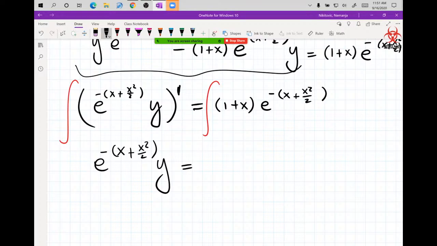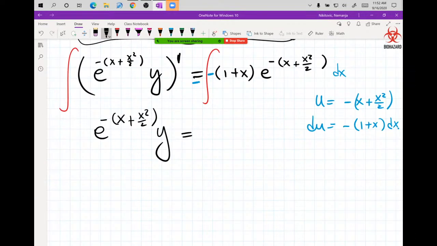and I use the u sub, right? Should be a dx there, right? So we use u equals negative x plus x squared over 2, which would, in a du, give me negative 1 plus x dx. So I don't have that negative, and that's what I have to fix. So we'll put the negative here and a negative here.